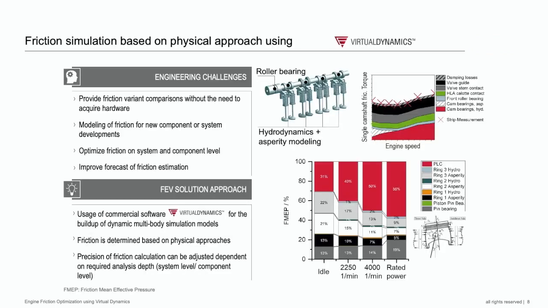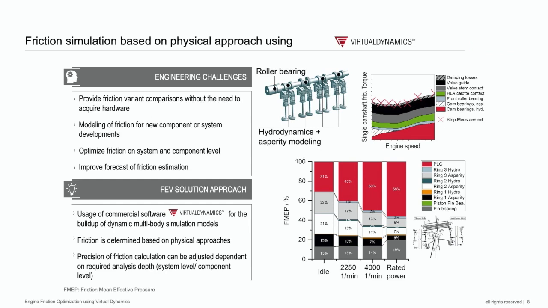So basically, the motivation behind this friction simulation with virtual dynamics is to avoid the necessity of acquiring hardware to do some parameter analysis in terms of friction optimization. Here we are using the commercial software environment virtual dynamics to optimize friction for our subsystems.